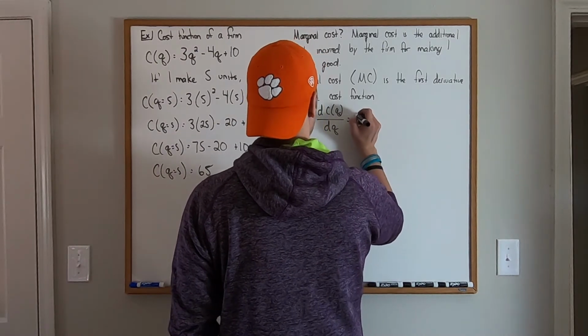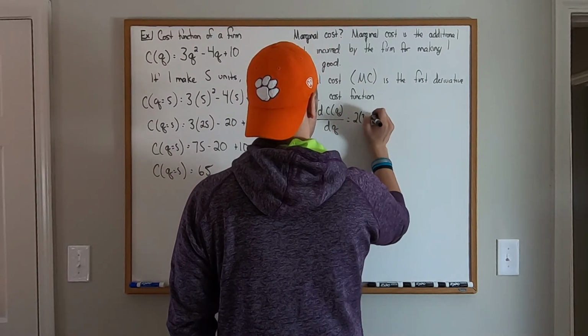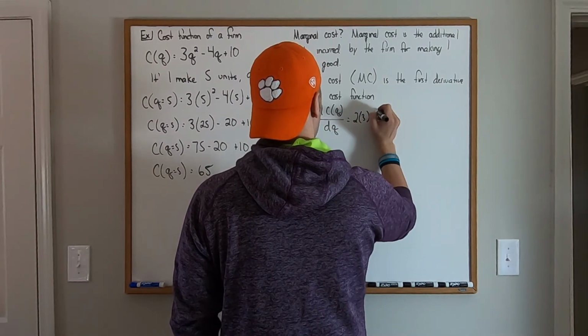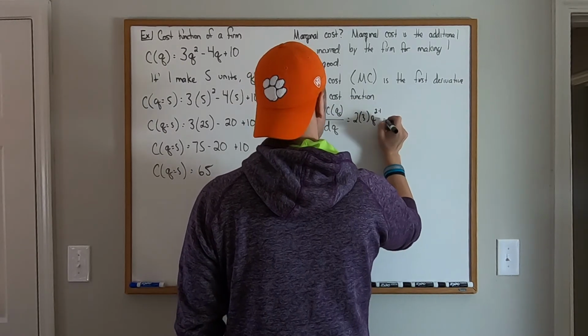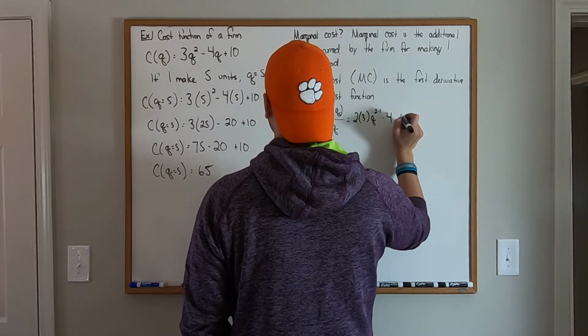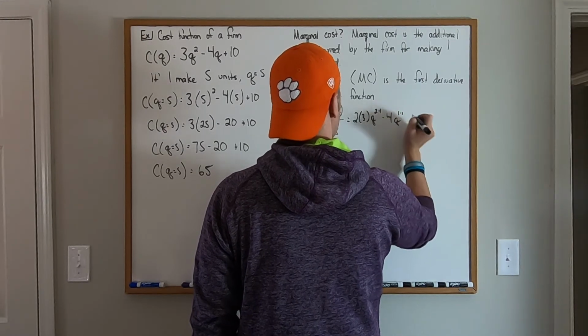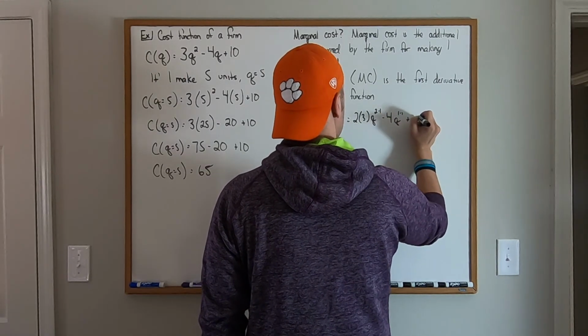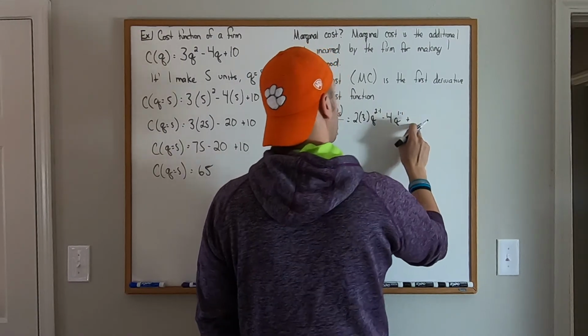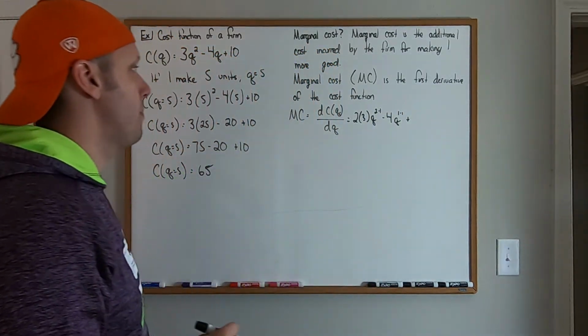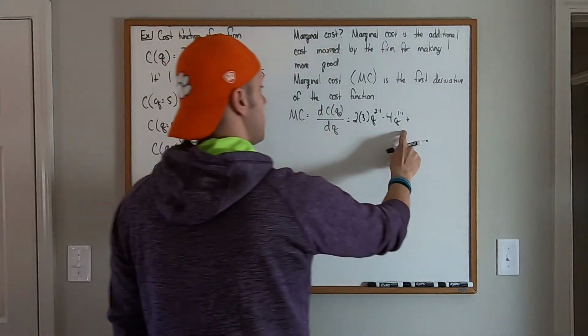Okay, so I'm going to have 2 times 3 q to the 2 minus 1, minus 4 times q to the 1 minus 1, plus, well, we'll leave that part out for just 1 second. Let's evaluate this.